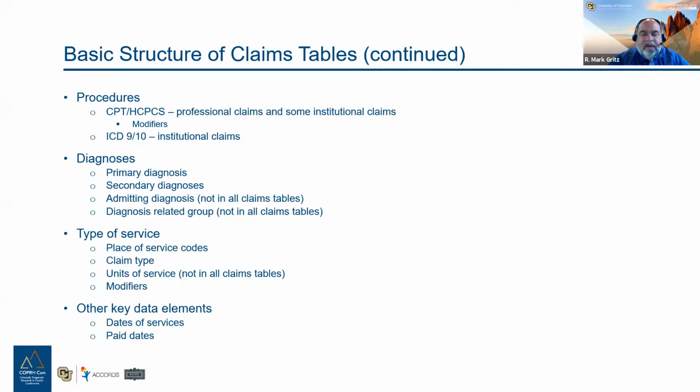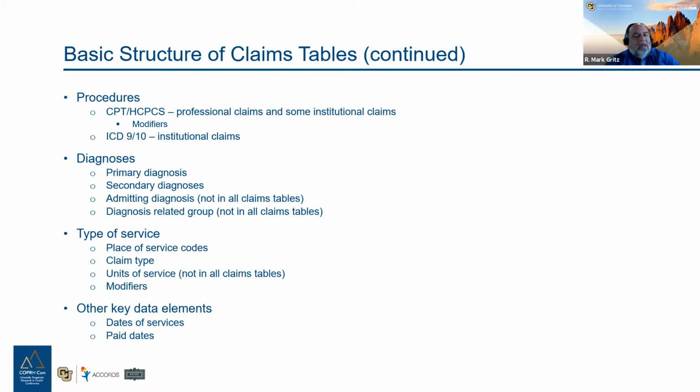Some other key data elements to keep in mind are dates of service and paid dates. Generally when we're doing pragmatic research, we want to be looking at when patients received services, not the date that the provider was actually paid.